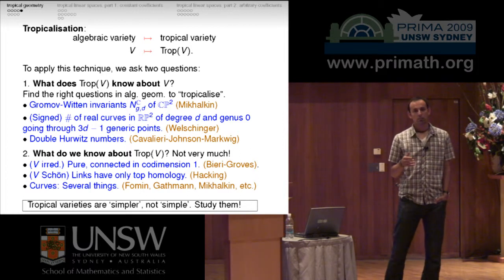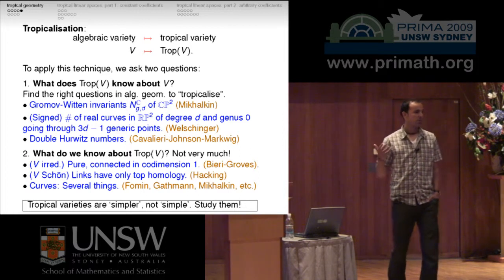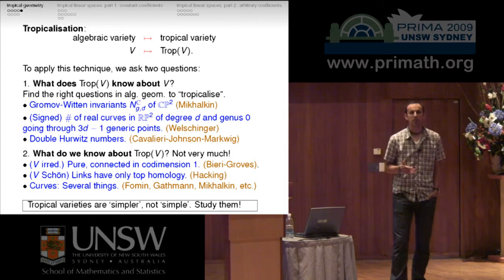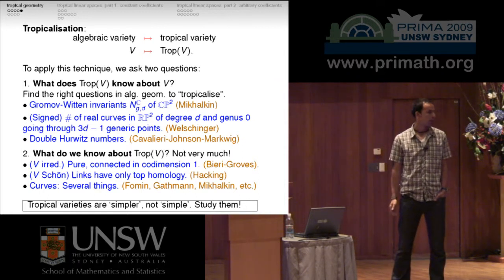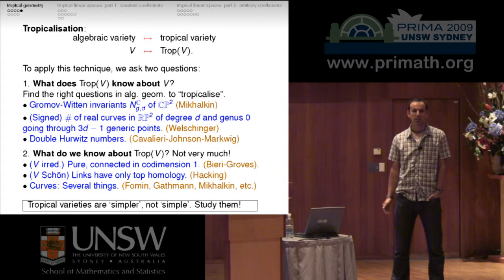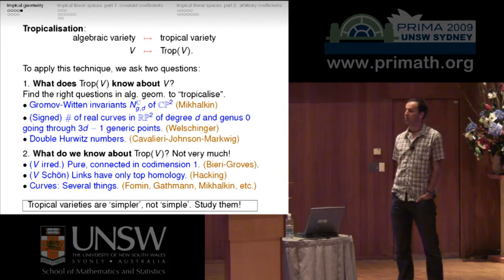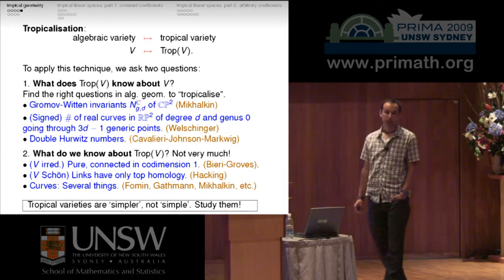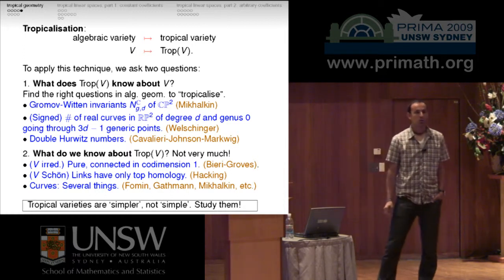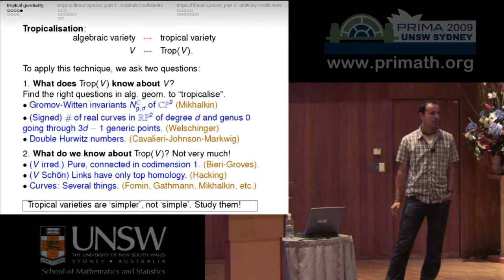Well, as you can see from the definition, we lost a lot of information in tropicalizing. But yet there's a lot of information that we didn't lose. And this was the key insight of, for example, Mikhalkin, who proved that you can compute the Gromov-Witten invariants of CP2 tropically, and you're going to get the same answer as you do classically.